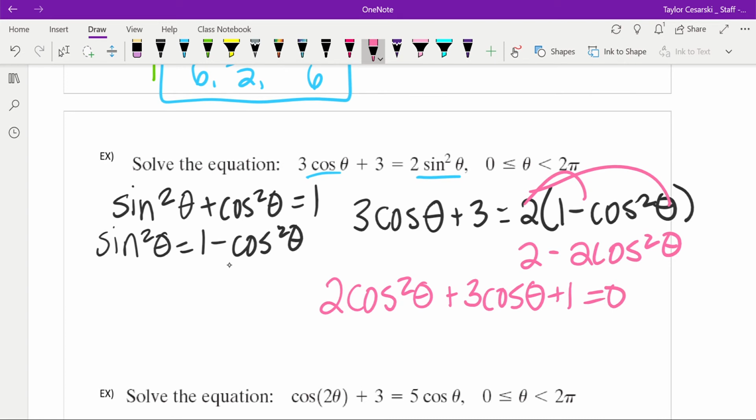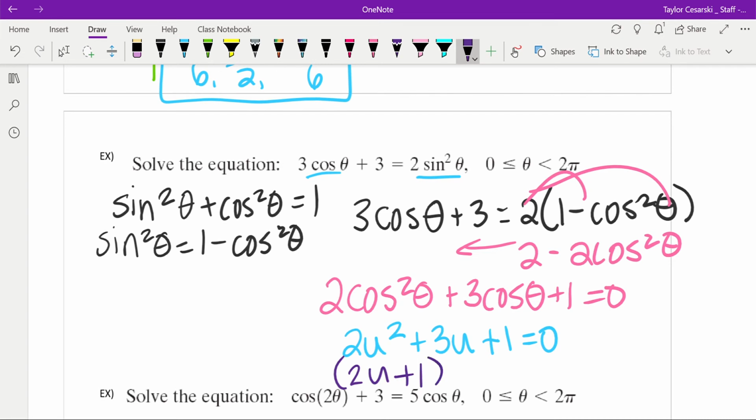So all I did was move everything over to the left side. Okay, so I get something that looks very similar to my last example. 2u squared plus 3u plus 1 equals 0. When I go ahead and factor that, that factors into 2u plus 1 and u plus 1 equals 0.